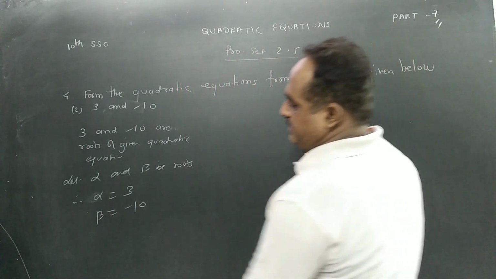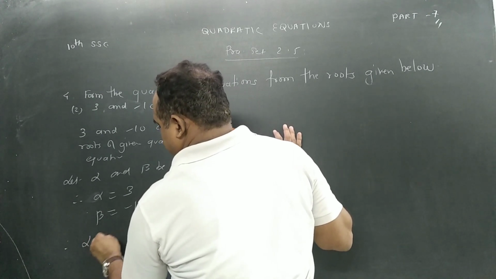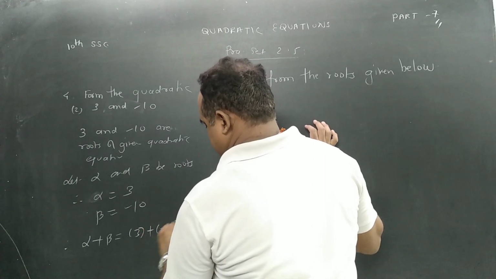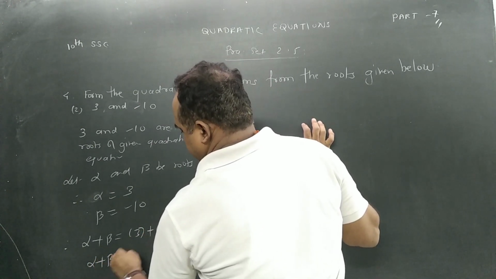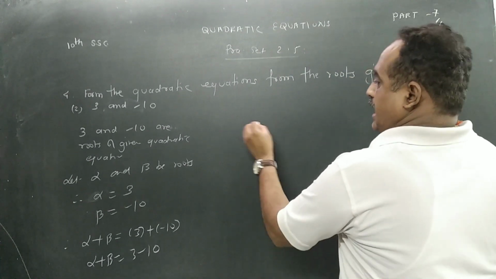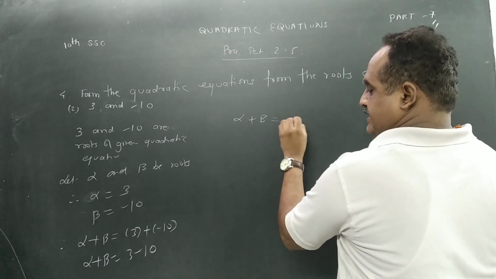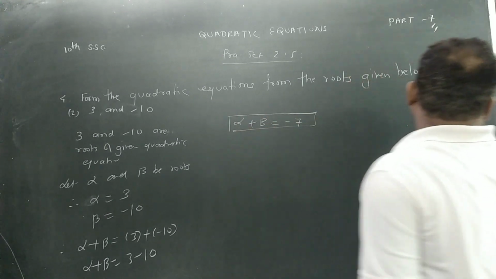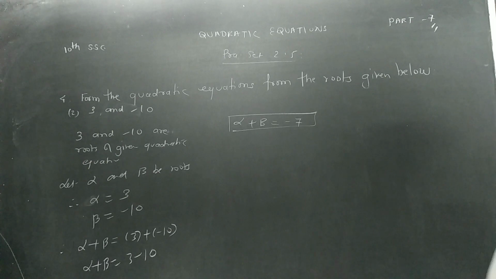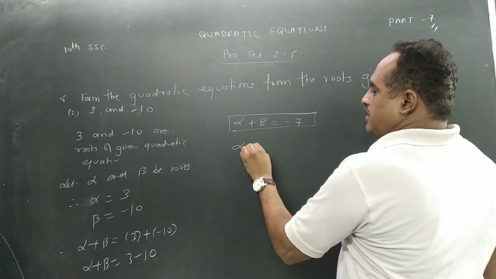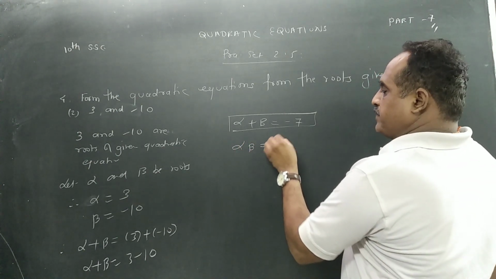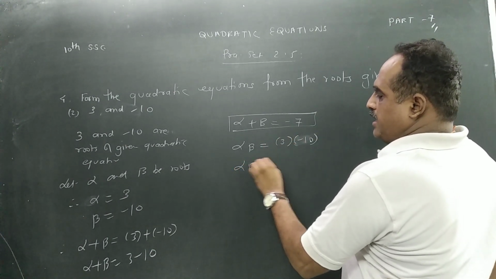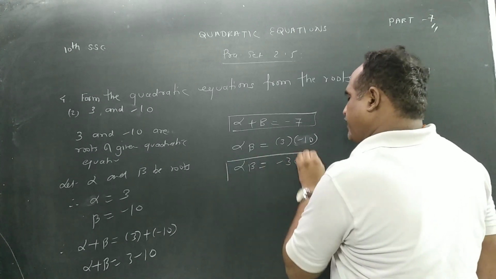Alpha plus beta is equal to 3 plus minus 10, so alpha plus beta is equal to 3 minus 10, which is minus 7. Got it? And alpha into beta is equal to 3 into minus 10, so alpha into beta is equal to minus 30.